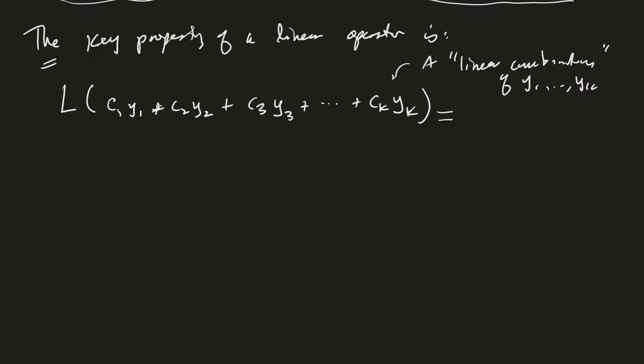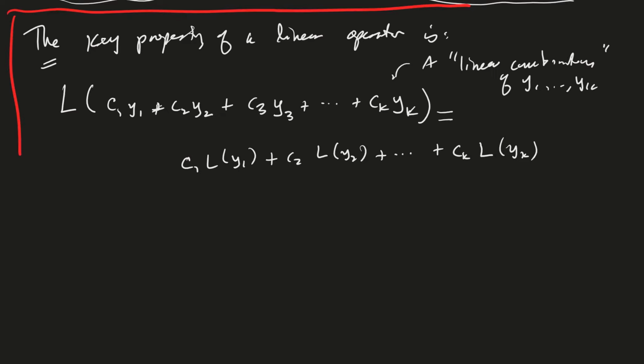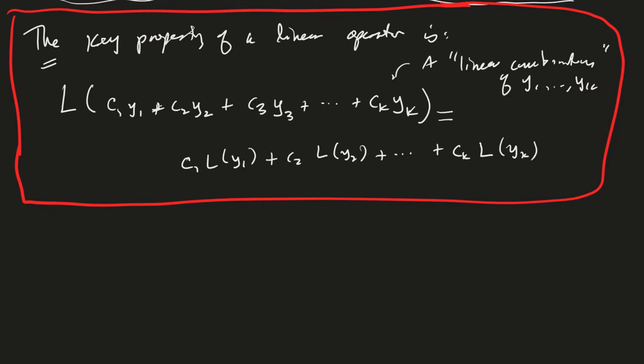That's going to be equal to C1 times the operator applied to Y1 plus C2 times the operator applied to Y2 plus CK times the operator applied to YK. And this, my friends, is why linear operators are nice to work with. This, in fact, is called the superposition principle.